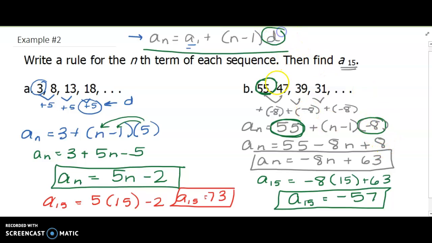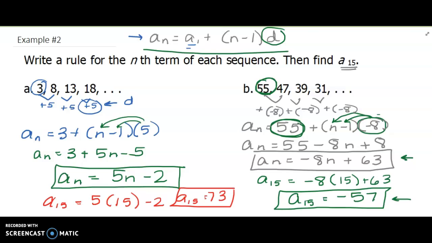So my minus 8 is my d. When I plug that in, remember I want to distribute this through, and make sure you pay attention to the negative, so you get an 8n plus an 8, and when you clean it up, you get a sub n equals negative 8n plus 63. Now to find a sub 15, all you're going to do is plug 15 in for n, and you should get negative 57.